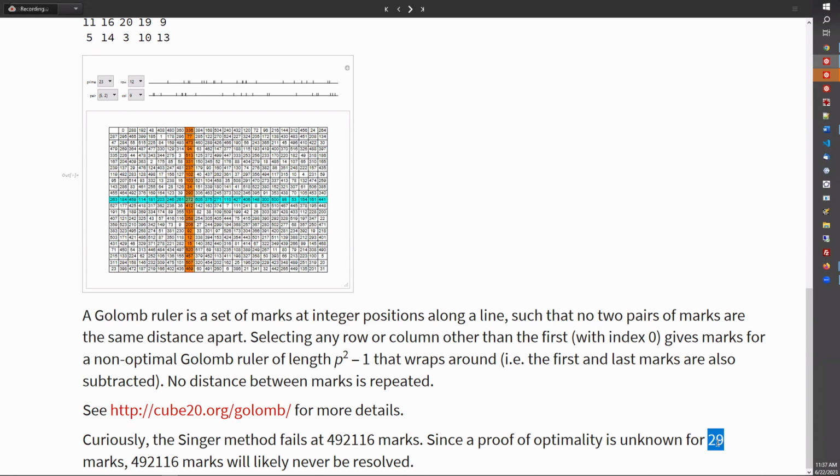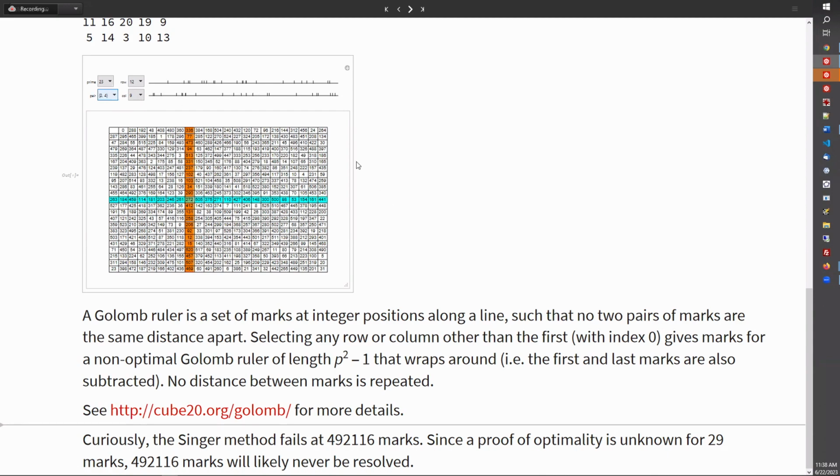However, since we're only up to 29 marks for what's been verified, we probably are never going to get to solving this particular problem. But the Singer method, the toolbox that's been used since the 30s, won't be applicable for that particular number of marks, which I found quite interesting.